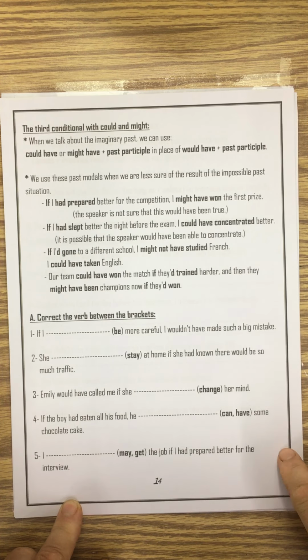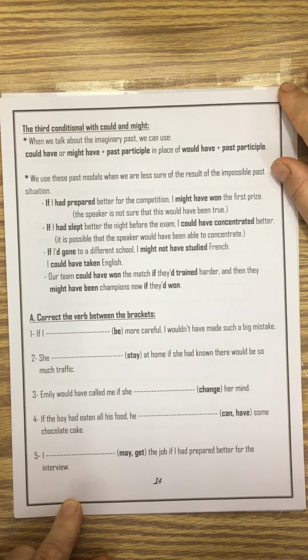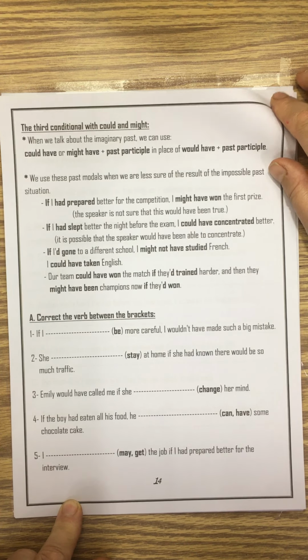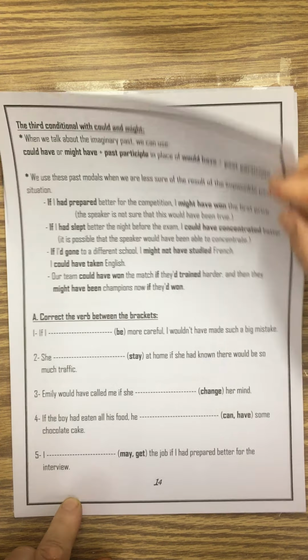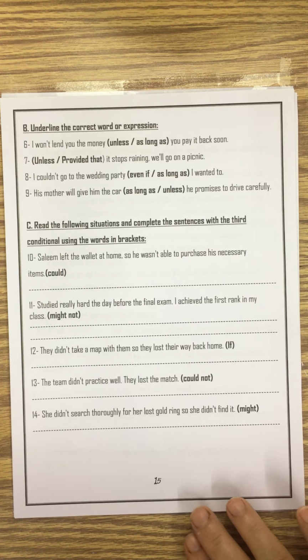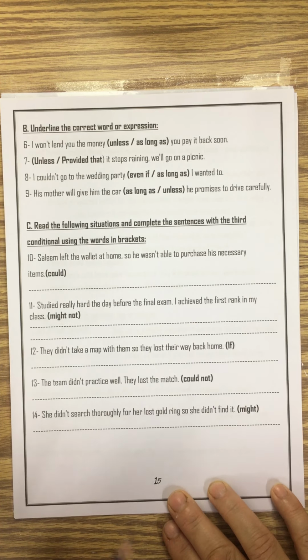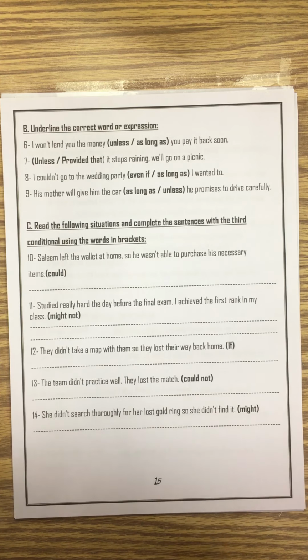Please read the sentences and correct the verbs between brackets. It's about third conditional. Can you see it? طيب. And now also on page 15 as well, we have another exercise, but we have to continue first. We have to continue explaining also before we do this exercise.